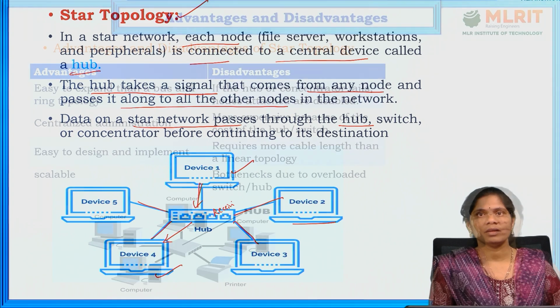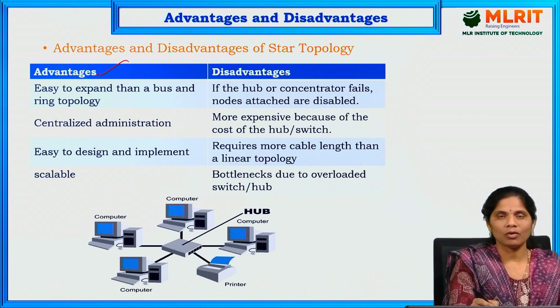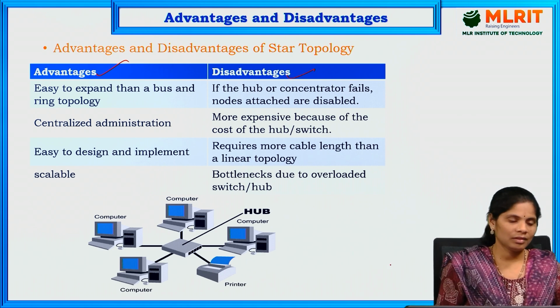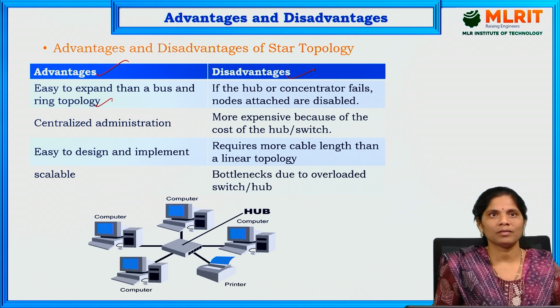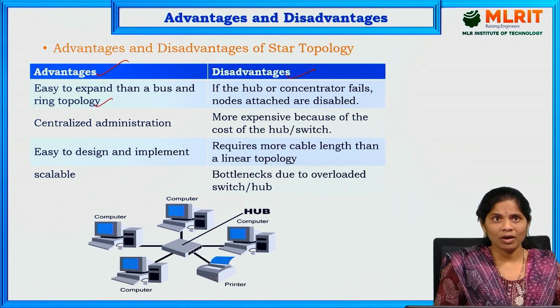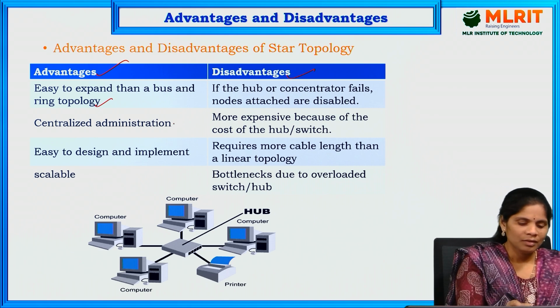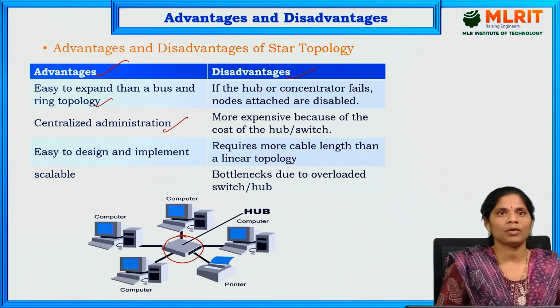And next is the advantages and disadvantages of star topology. What are the advantages and disadvantages of star topology? First, see the advantages. Easy to expand compared to the bus and ring topology. We can easily expand, meaning we can add more devices using this star topology. At the same time, centralized administration means all the control is from the hub only.